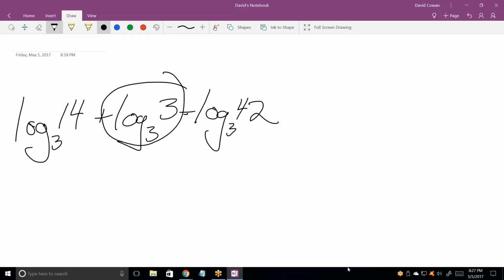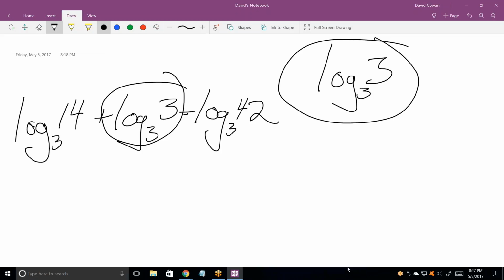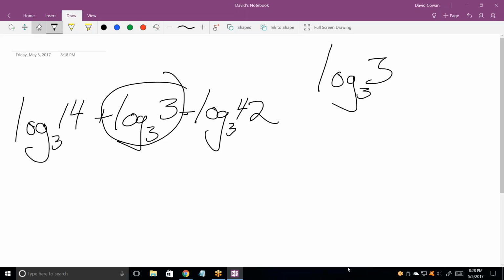I'm trying to think. Well, let's go through that, because this is one of the most important things about logs. You've got to know this. If I'm trying to evaluate that, I'm going to set it equal to x, just because it makes it easier to understand.